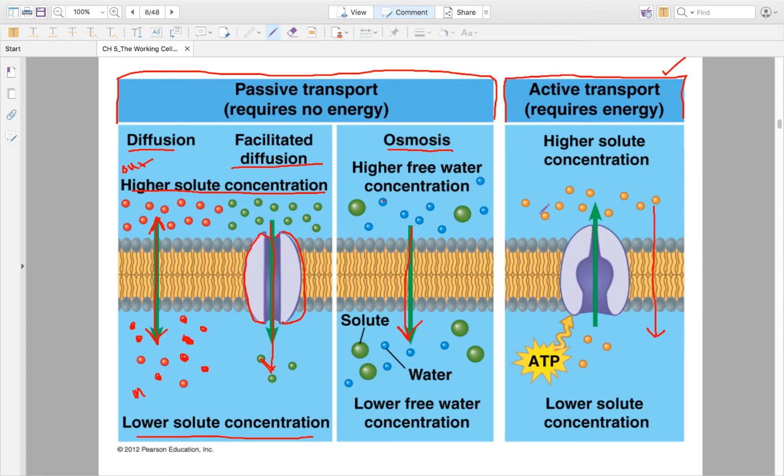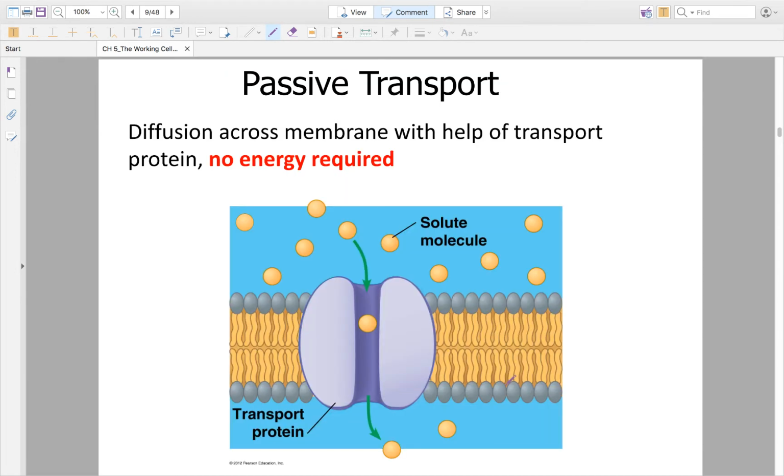Let's say it doesn't want these guys pouring back in following the laws of diffusion. It's going to push these out, moving them against their concentration from low to high, which is against nature. That's going to cost you ATP, which is pretty much cellular money.